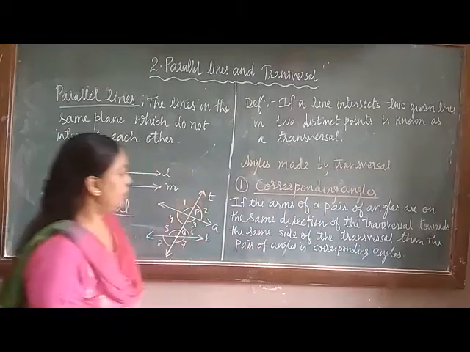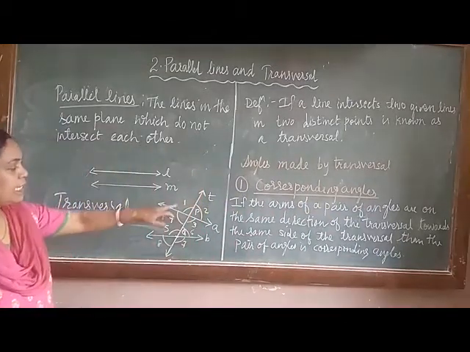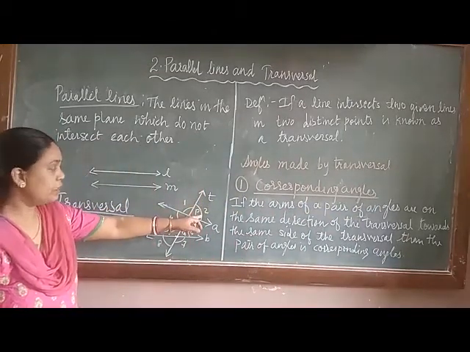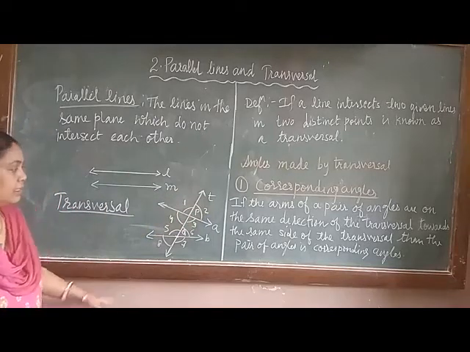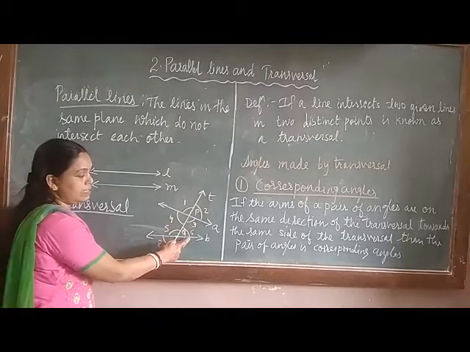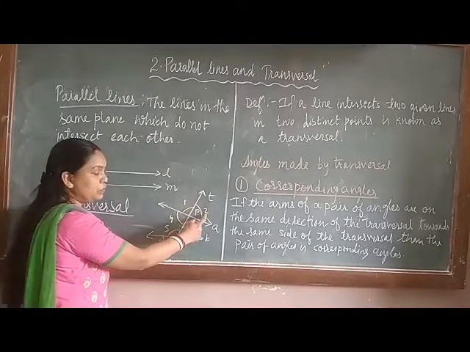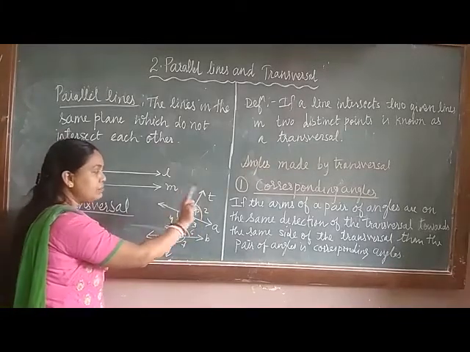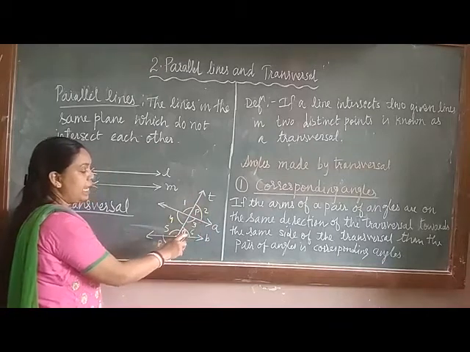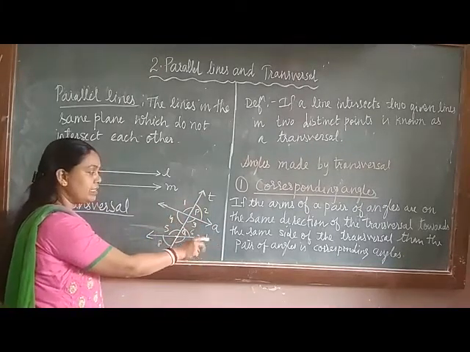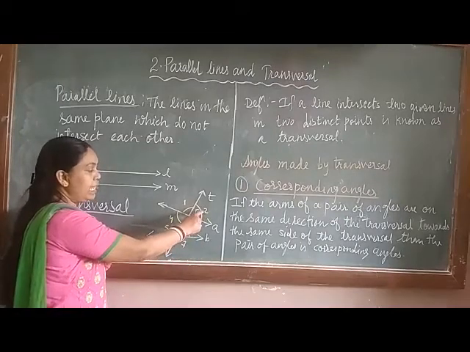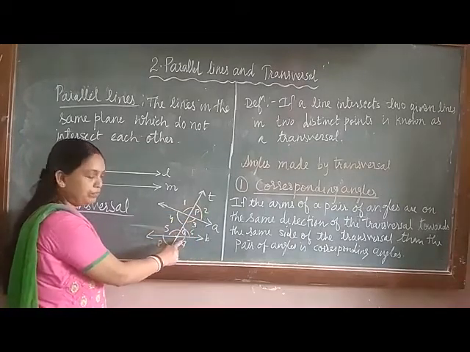Take down and remember. Suppose I consider angle 2, then what will be the corresponding angle? Yes, it is angle 6. Angle 2 is towards the same side of the transversal T, and angle 6 is also on the same side of the transversal T, and the direction is the same.